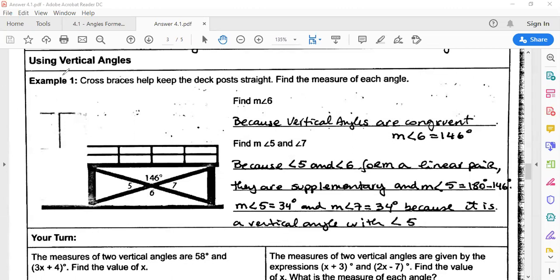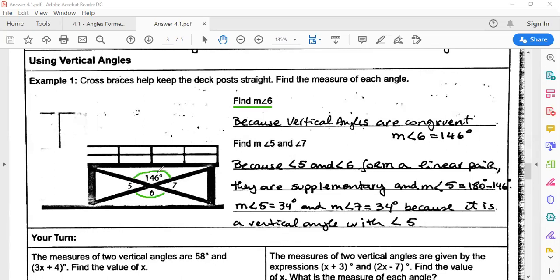All right, so let's take a look at the first example, using vertical angles. Cross braces help keep the deck posts straight. Find the measure of each angle. So we're looking for angle 6, angle 5, and angle 7, okay? So the measure of angle 6, we can get by looking at this angle right here.